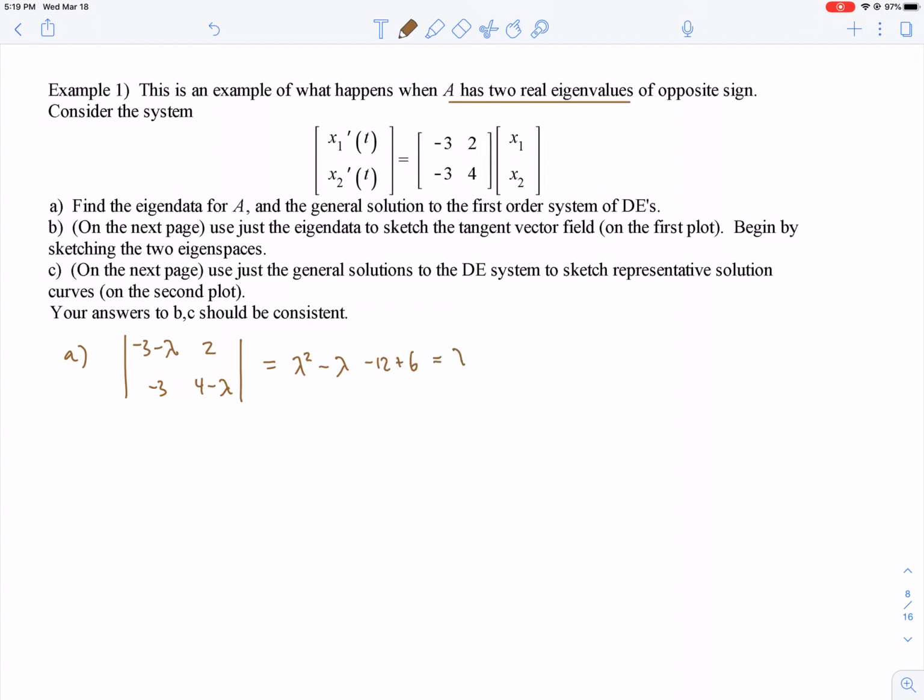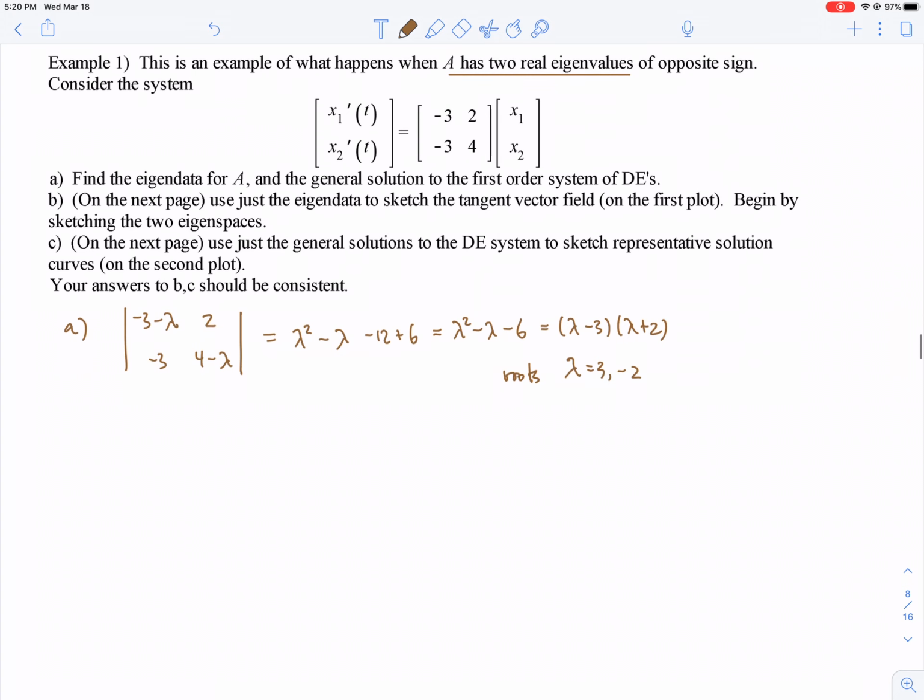So that's lambda squared minus lambda minus 6, which factors into lambda minus 3 times lambda plus 2. So the eigenvalues are 3 and minus 2.